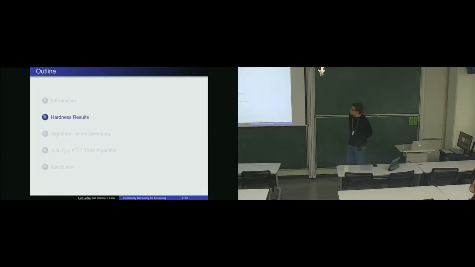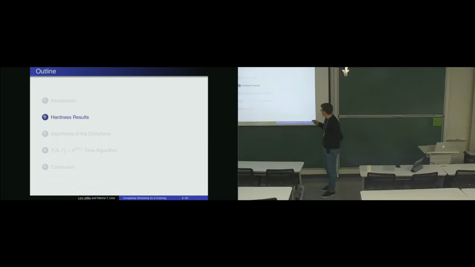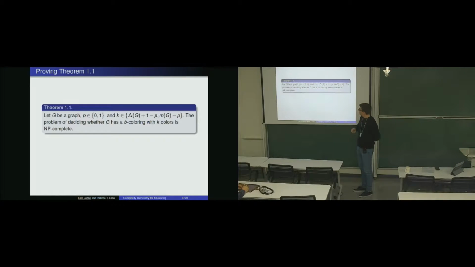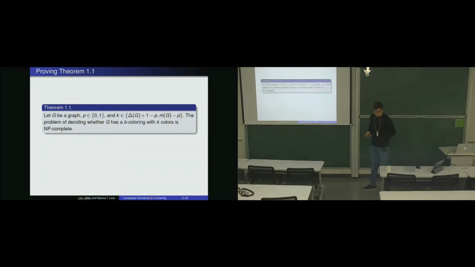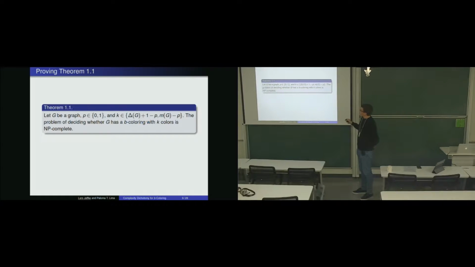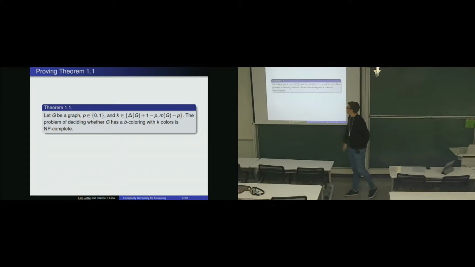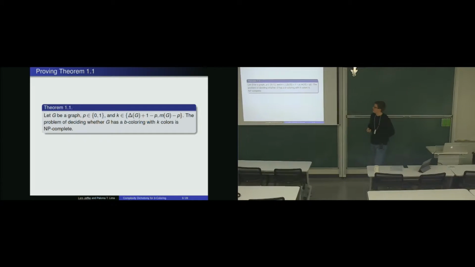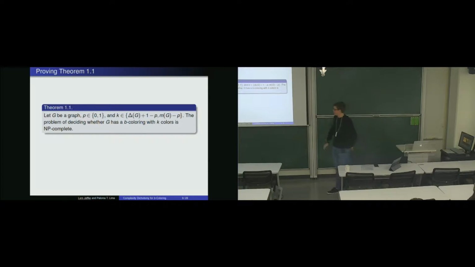So now I will briefly touch on the hardness results and prove the first item of theorem 1. So here is again the statement. We have some graph G, P is either 0 or 1, and K is the maximum degree plus 1 minus P or M of G minus P. Then the problem of deciding whether G has a B coloring with K colors is NP complete.